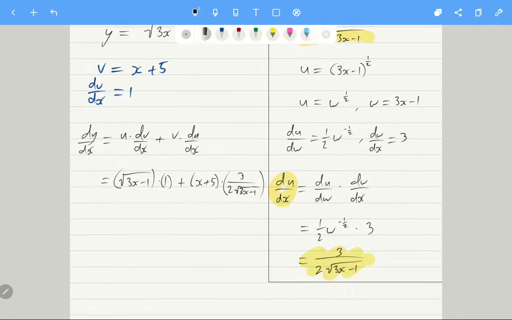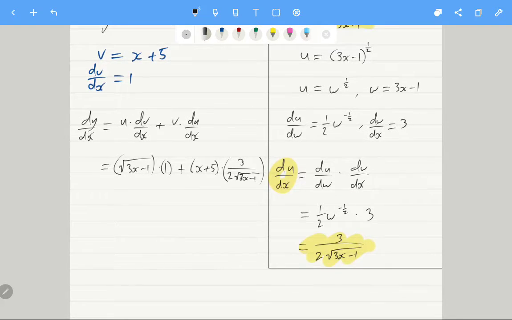Alrighty, I've decided to put down a demarcation line. Alrighty, so now I've got a bunch of algebra to do. So the first thing is I'm going to expand out these first brackets here. So if I expand out, well, I'm timesing things by 1. So I get root 3x minus 1. Very exciting. And these brackets are a little bit more interesting.